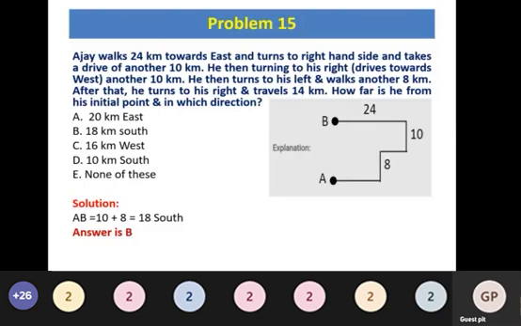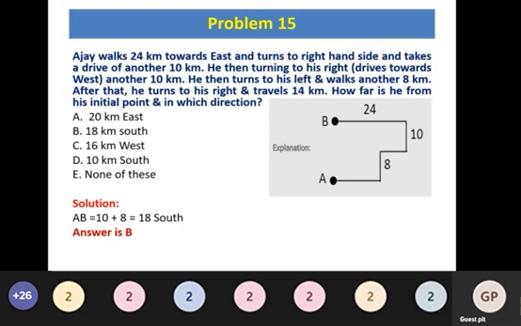After that, he turns to his right and travels 14 kilometers. How far is he from the initial point and in which direction? The options are 20 kilometers east, 18 kilometers south, 16 kilometers west, 10 kilometers south, and the last one, none of these.